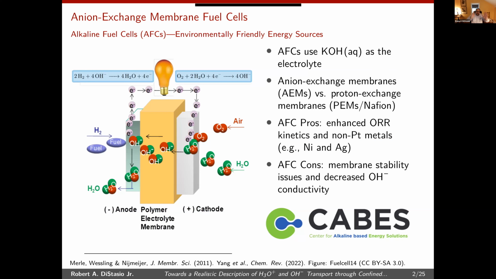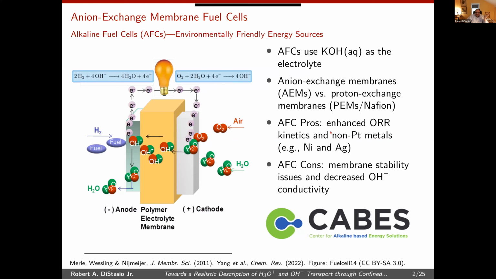And in the middle, between the cathode and anode, you have a polymer which has to allow transport of water and the conducting ion. In an alkaline fuel cell, you have an anion exchange membrane, which has to allow water and hydroxide to flow, versus traditional proton exchange membranes like Nafion, which allow hydronium and water to flow.